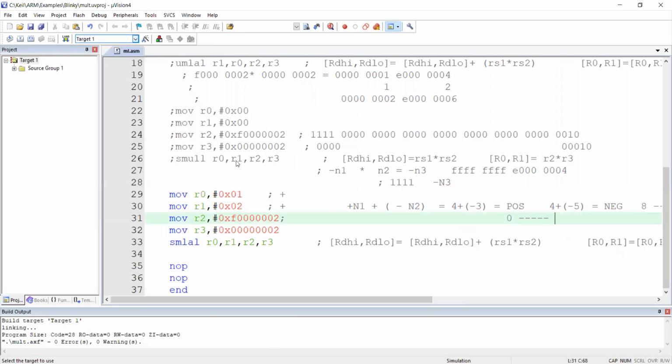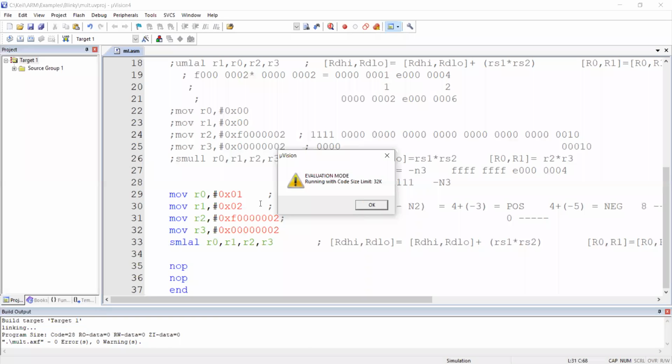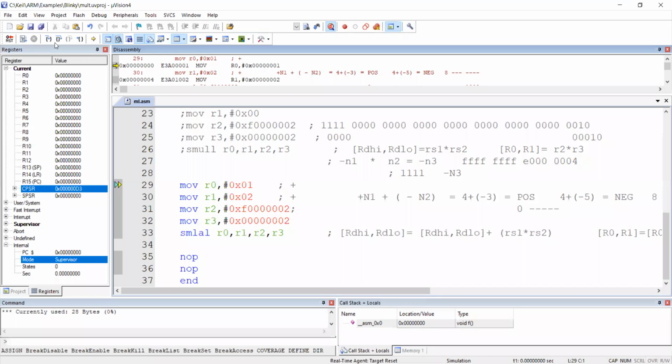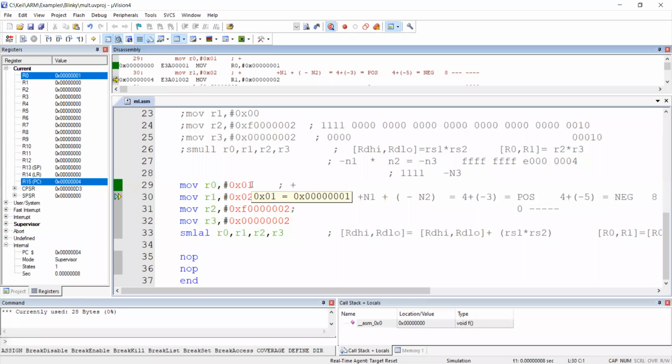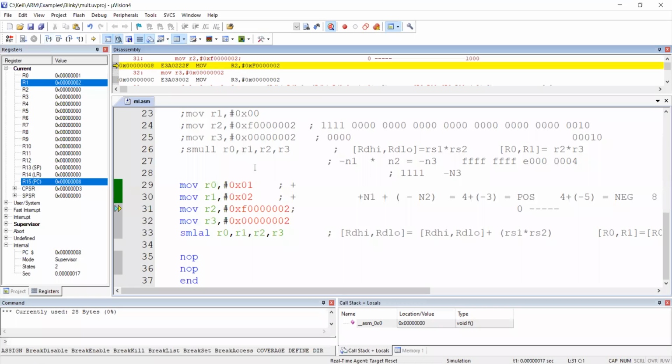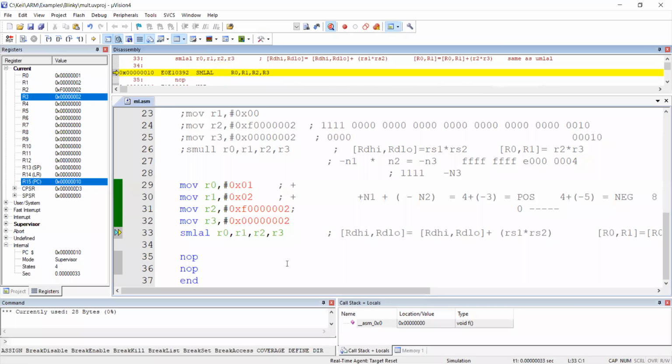So let's go for a debug. Okay, fine. See now, what is the value in R0? Plus 1. Remember it, plus 1. What's the value in R1? It's also plus 2. Remember, both values I have stored as plus to demonstrate MLA. Next, 2 operands I will take. F with 6 zeros 2, second operand 2.